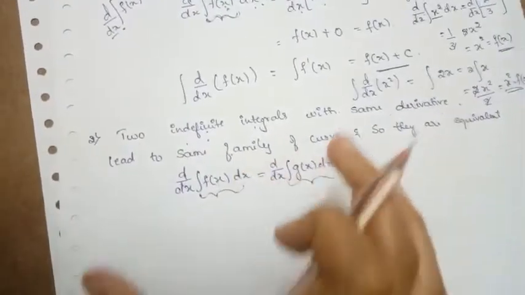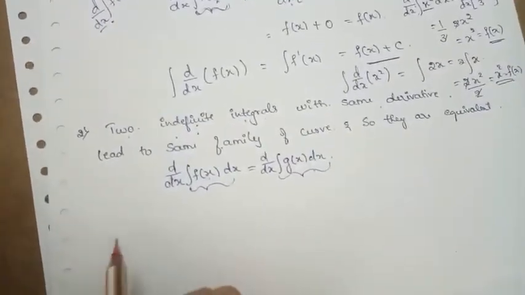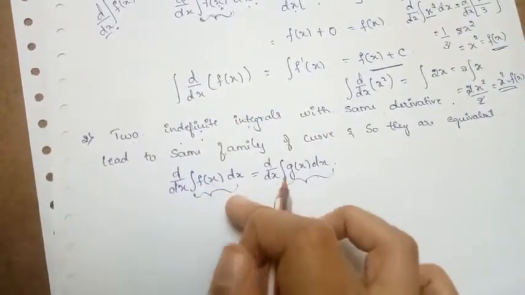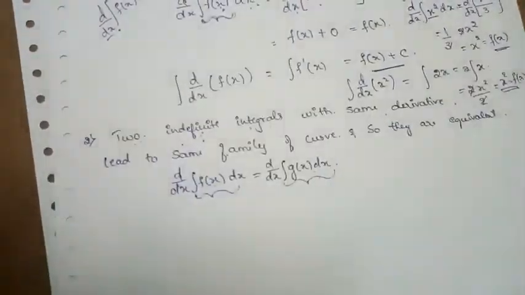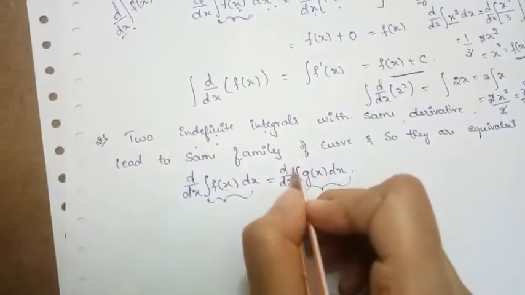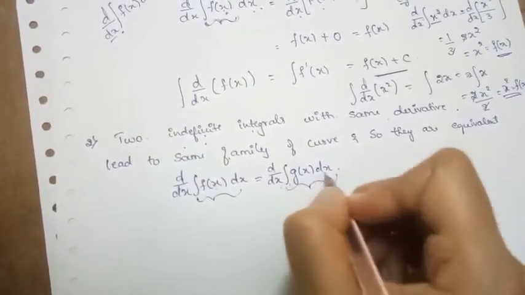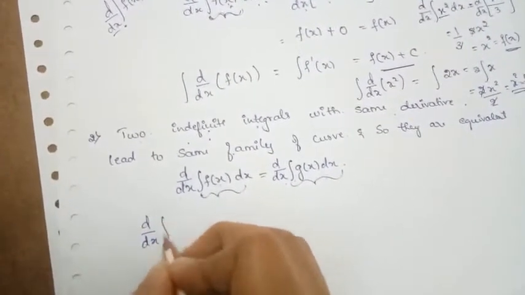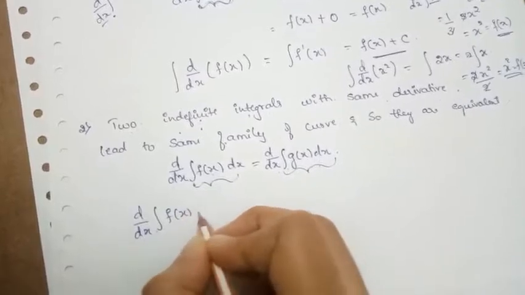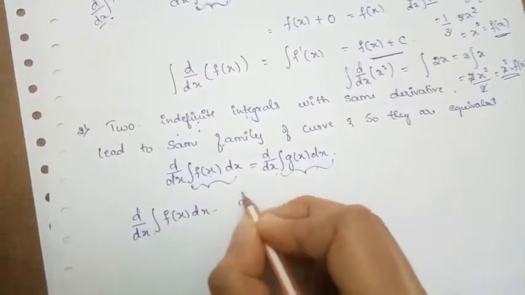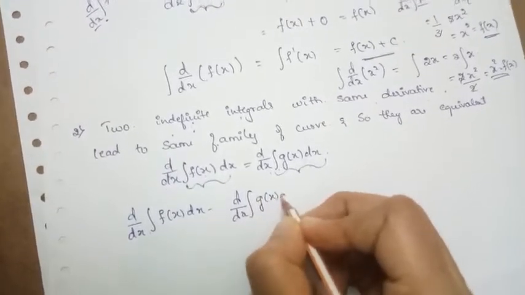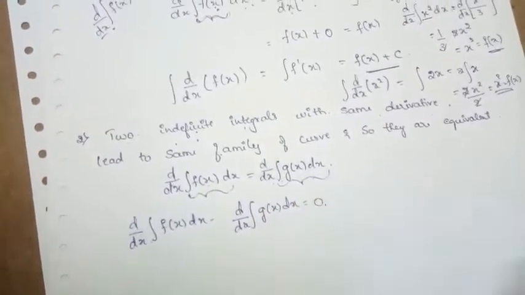So how can I justify this? You can look here carefully. The given data I have written in the form of an equation. Now if I bring the differentiation of integration of g of x dx to the left hand side, what am I going to get? d by dx of integration of f of x dx minus d by dx of integration of g of x dx, which is equal to 0.